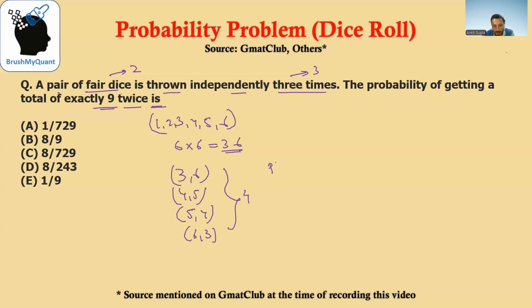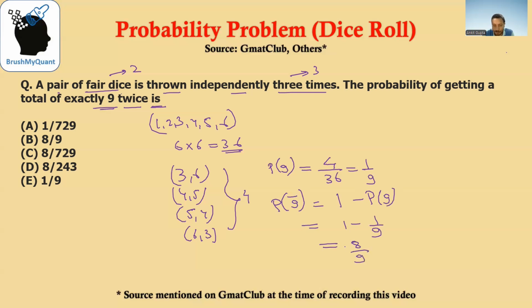So the probability of getting a sum of 9 is equal to 4 divided by 36, or 1 divided by 9. That means the probability of not getting a 9 will be equal to 1 minus the probability of getting a 9, which is 1 minus 1 divided by 9, or 8 divided by 9.